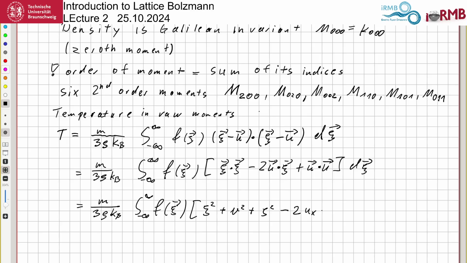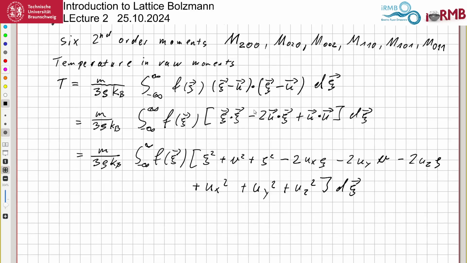So we multiply this by xi minus u y, minus 2u zeta, plus u x squared plus uy squared plus uz squared. Because I just noticed I missed the point that I actually wanted to explain. Now I've distributed everything out.